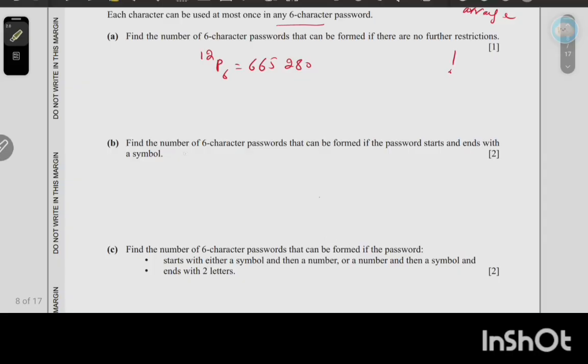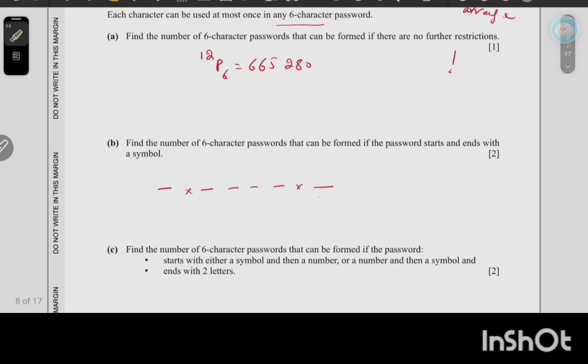Part B. Find the number of six character passwords that can be formed if the password starts and ends with symbols. Very simple: here we have six character positions, 1 2 3 4 5 and 6. He said it starts and ends with a symbol. We have three symbols, so we use 3P1 for each end. Now here 10P4, because 10 numbers are remaining, and the last one is used, so the remaining are four positions.